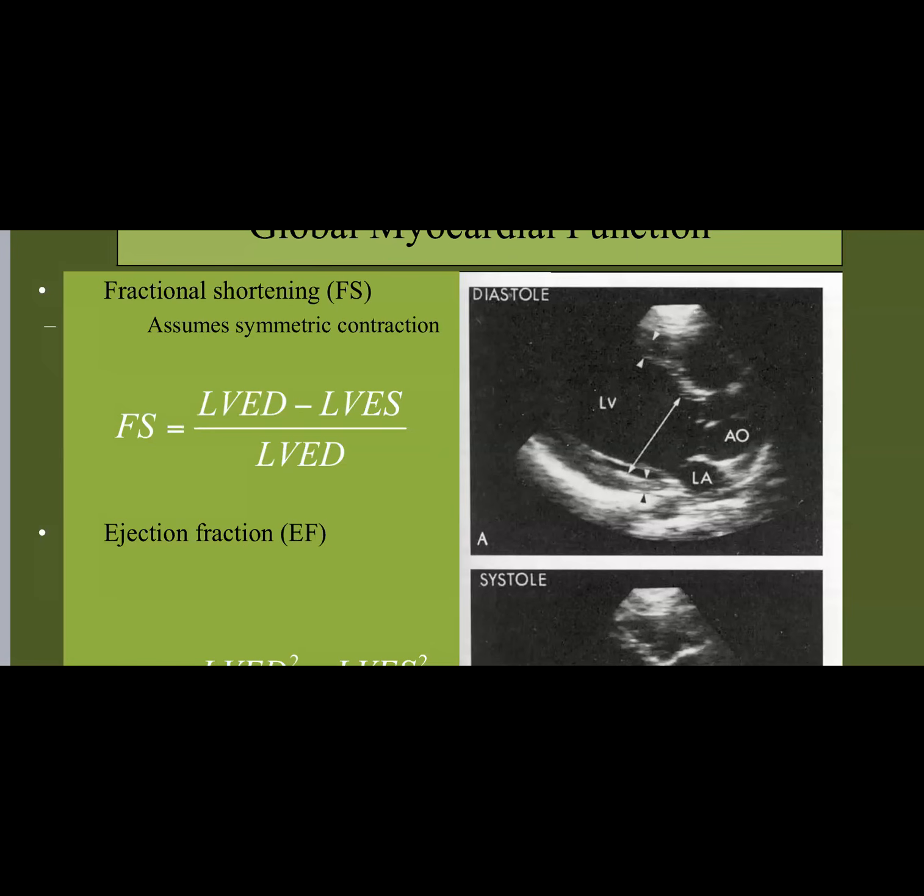You remember we talked about TAPSE and we said TAPSE is more accurate than MAPSE, because TAPSE relates to the RV, and the RV most likely goes globally weak. So any segment can represent the entire segments, but that doesn't apply to the LV with its segmental problem, okay? So remember the limitation of fractional shortening: if you are dealing with segmental wall motion abnormality, then it is not accurate.